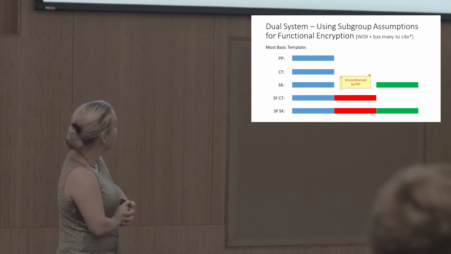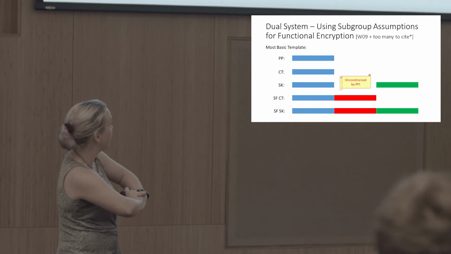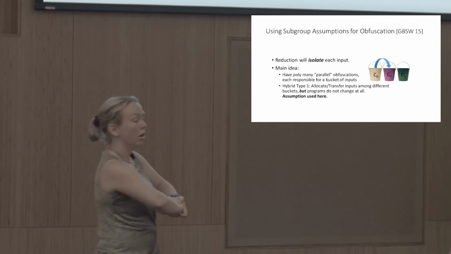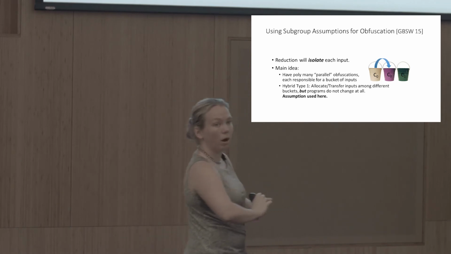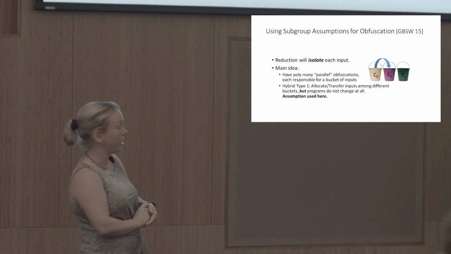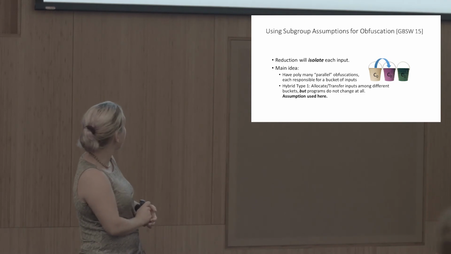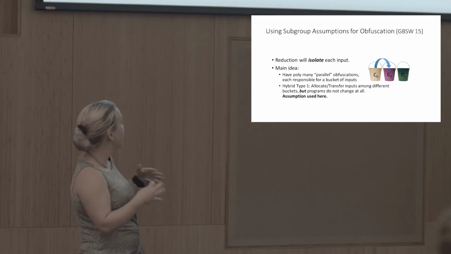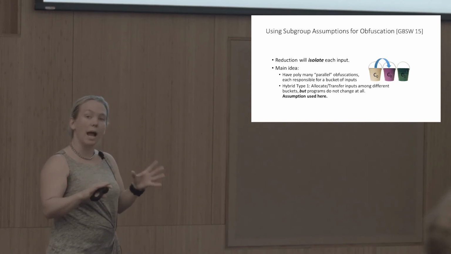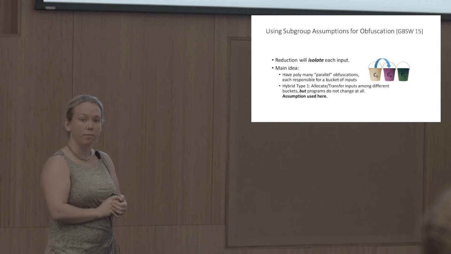And I'll conclude by saying a little bit about what we hope this means for obfuscation. In the high-level structure for how we might prove indistinguishability obfuscation, one of the main ideas is to have many parallel versions of the program running at once, each one being activated for different subsets of inputs.